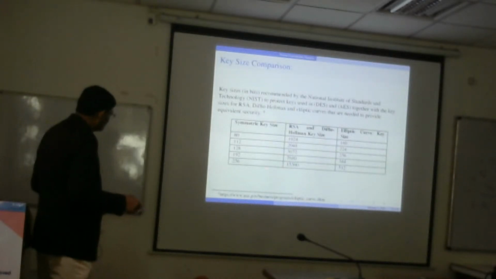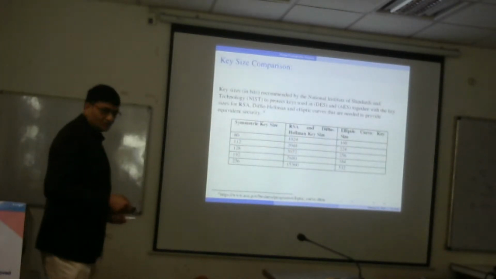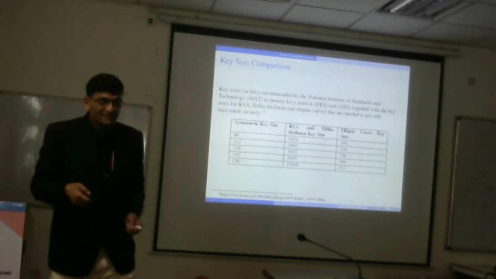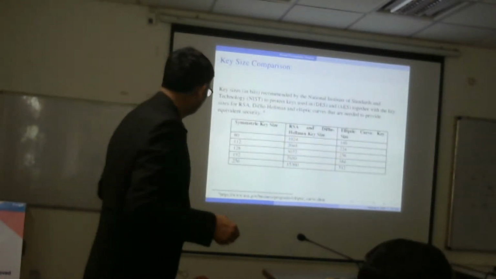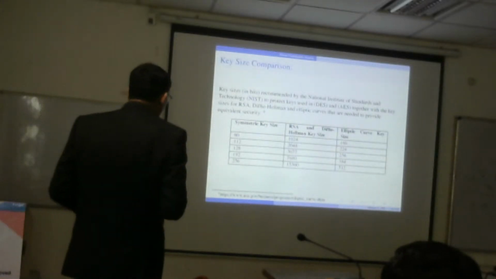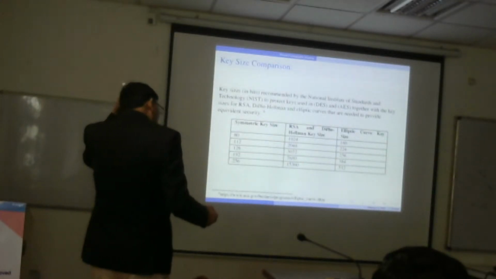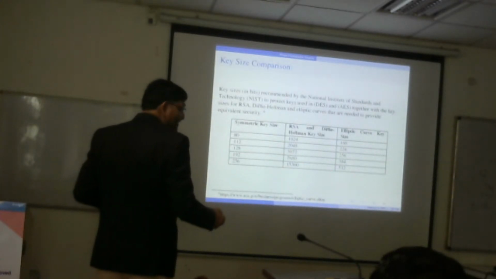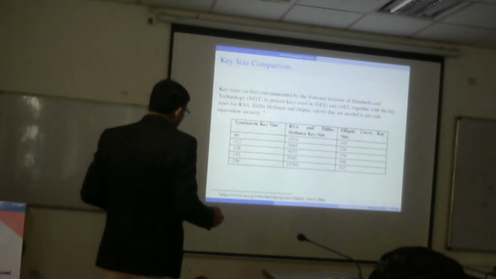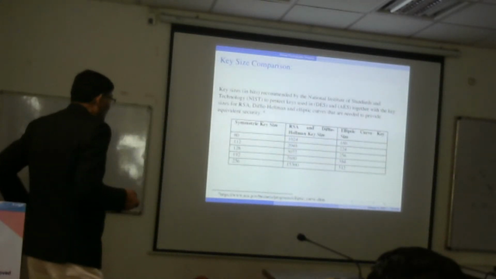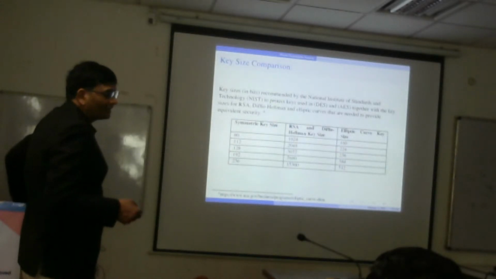But if we are using AES 128, for that we have to use RSA or ElGamal where the size of the group has to be 3072, which means the number of elements in the group should be 2 to the power 3072. That big a group you have to use. But in case of elliptic curve cryptography, we have to take a finite field of size 2 to the power 256, meaning the number of elements in the field is approximately 2 to the power 256.